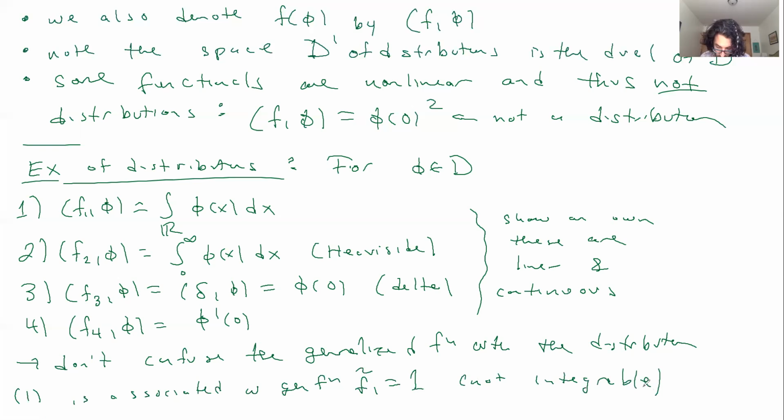And then as we set up here, right, 2 is associated with f tilde 2 of x is equal to h of x. Just a piecewise continuous function there. Okay. So those are some examples of distributions.